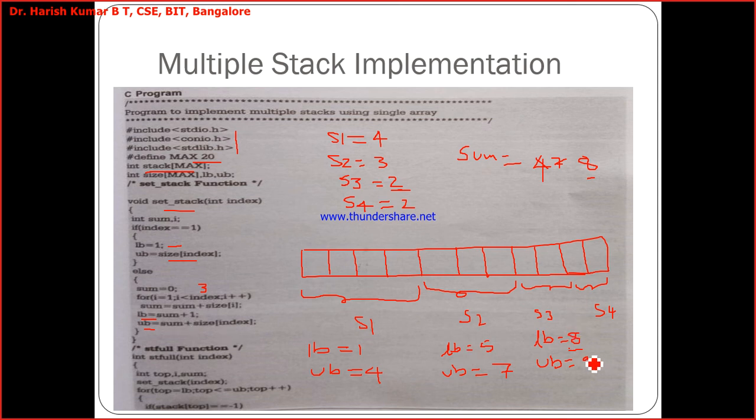Okay, I think this should be 10. No issues, no worries. Understood now? This is how it gets computed. So this function, set stack function, is responsible for setting the lower bound and upper bound of the stack. Is that clear?